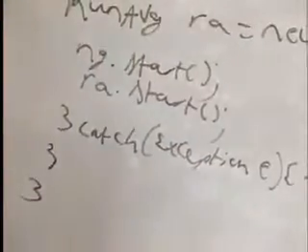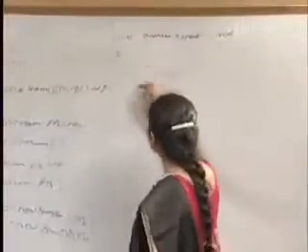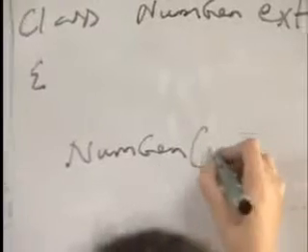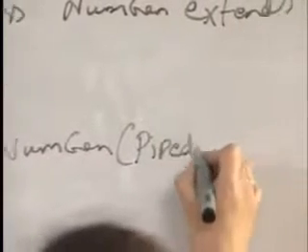That's class PipeTest. Now let's look at NumberGenerator. We need a constructor here which takes the piped output stream object.